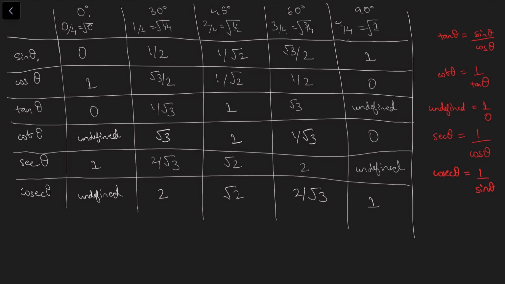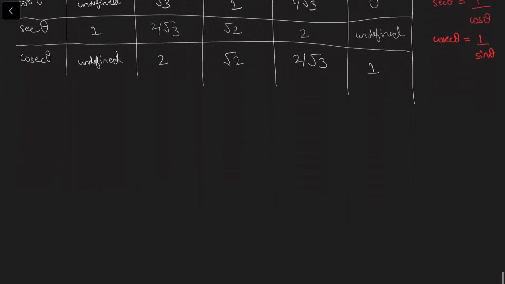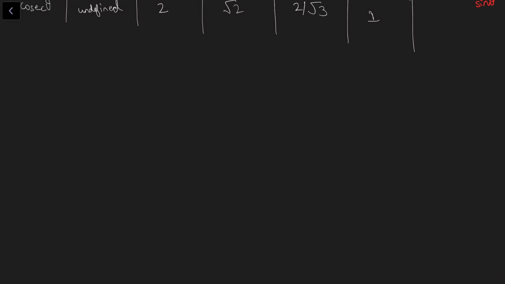And these are all the trigonometric values which you have for the standard angles. We call these angles standard angles. So I told you that an easy trick to remember this table is, first step, write 0 to 4 in place of your standard angles, standard angles being 0, 30, 45, 60, and 90.